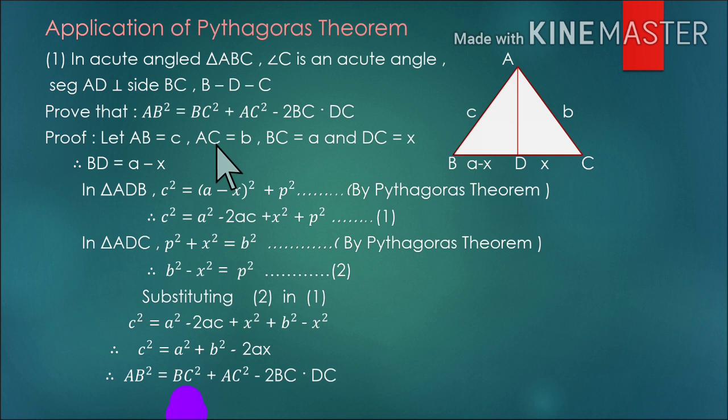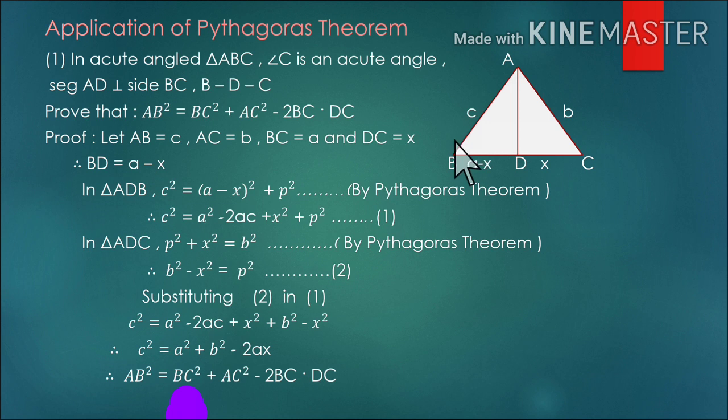See here. In acute angle triangle ABC, angle C is an acute angle. AD is perpendicular to BC such that point D lies between B and C. Then the side opposite to the acute angle, which is the side opposite to the acute angle here? Yes, AB square.